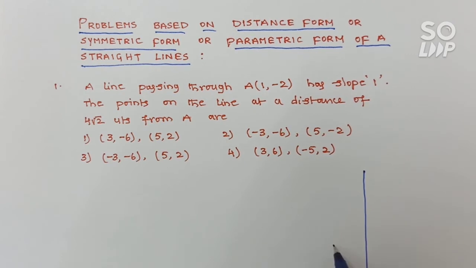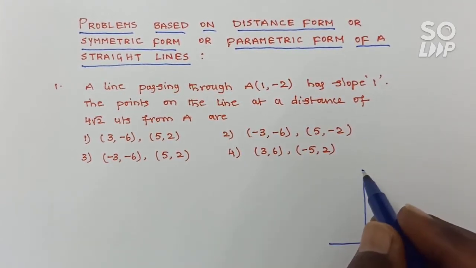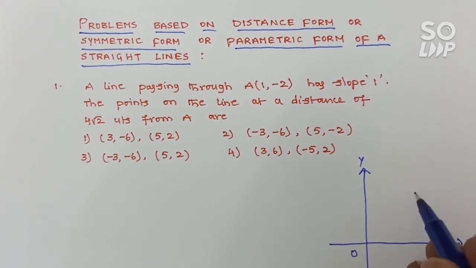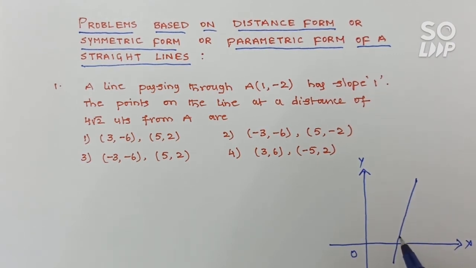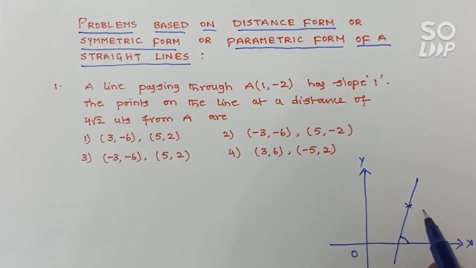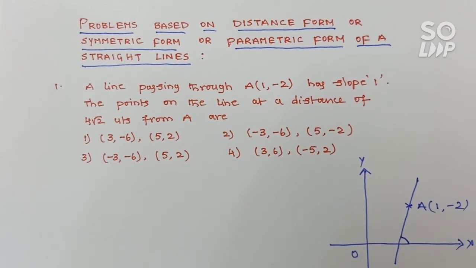Here you can see the figure. This is the xy plane. Here this line is passing through the point A equals 1 comma minus 2.